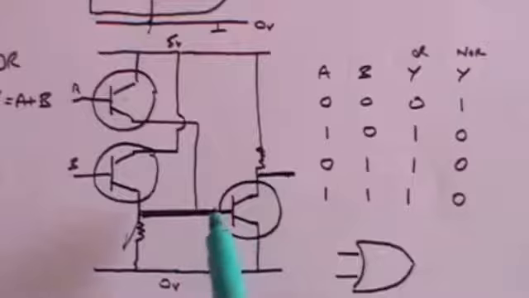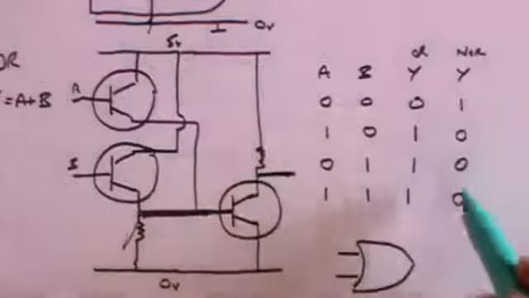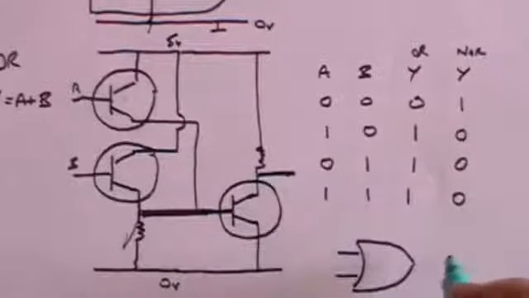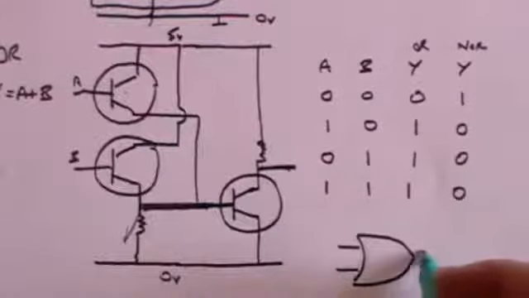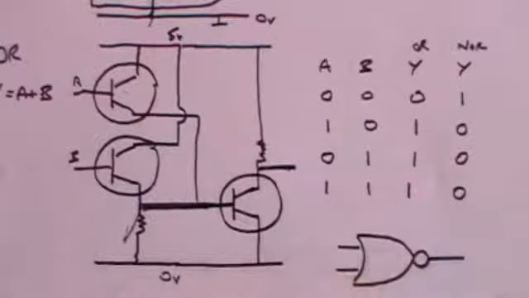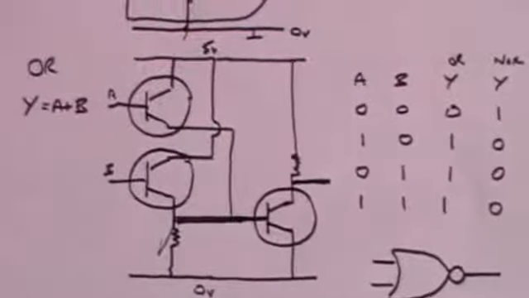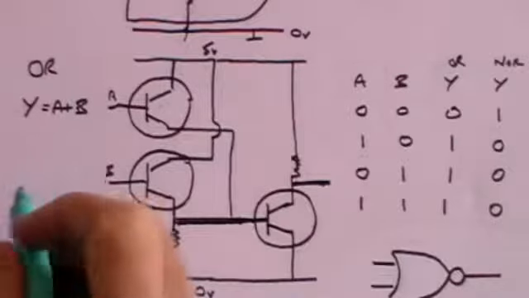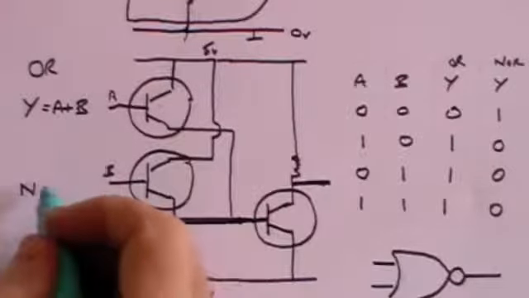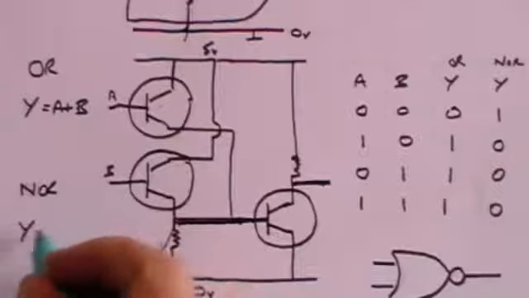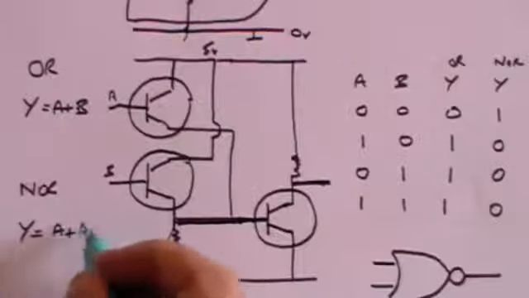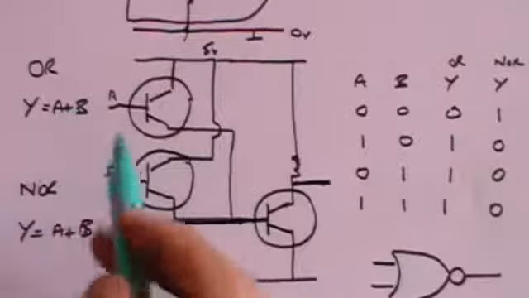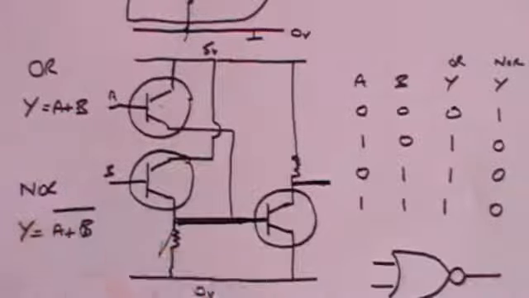And the input is effectively the output of the OR gate. And so you've now got a NOR gate, and a NOR gate symbol, of course, is the same as an OR gate, but you put a circle on it like that. And the representation of a NOR gate is Y equals A plus B, which is the same, of course, as the OR gate, but you put a line over the top.